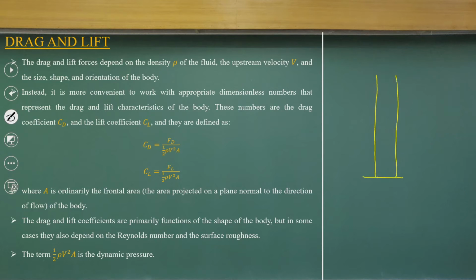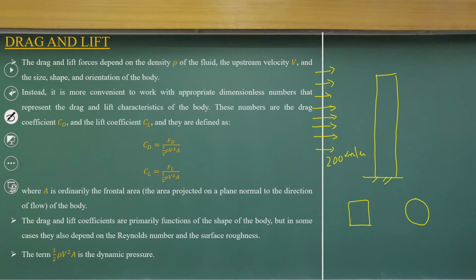You have tall buildings. You want to design for wind speed, as we gave the example at the very beginning of the classes, if there is a cyclone of around 200 kilometers per hour.